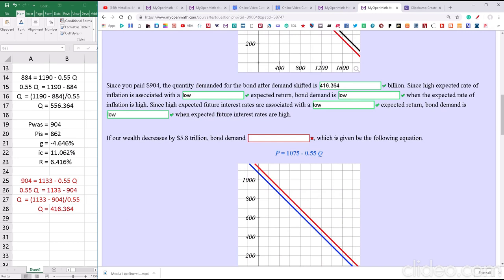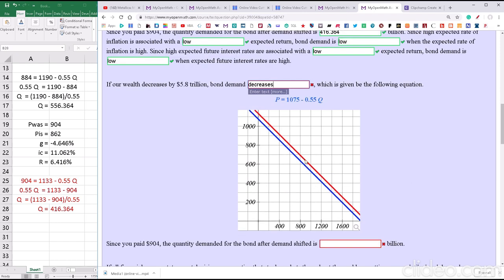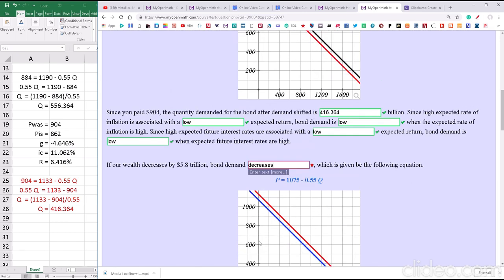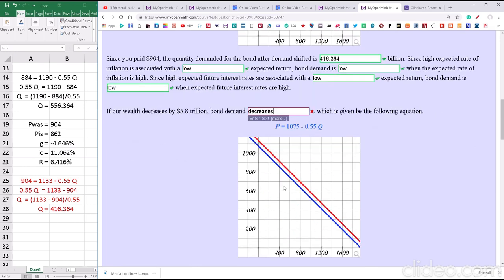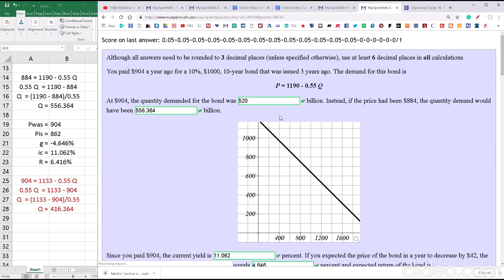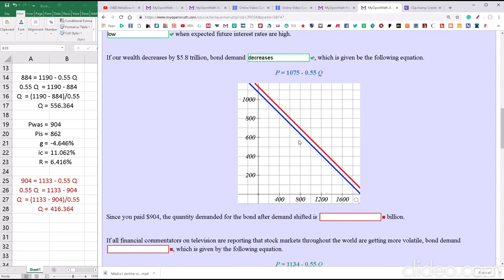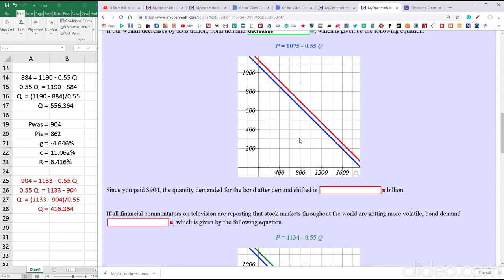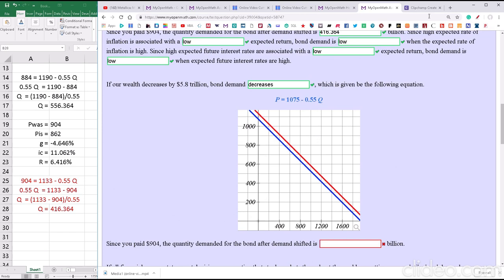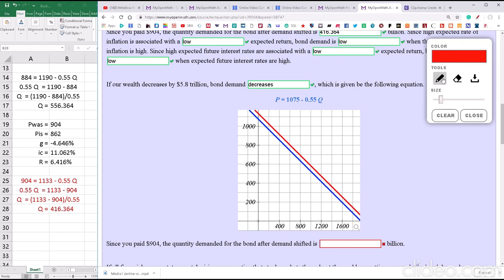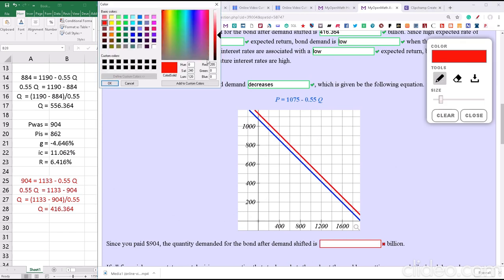Now, if our wealth decreases by $5.8 trillion, bond demand is going to decrease. Bond demand decreases. And we can see that down here. We're going from the red now to the blue. Okay, so bond demand decreases down here. And again, you want to label this graph. We'll go ahead and label it red.